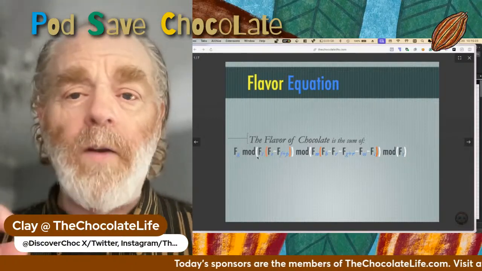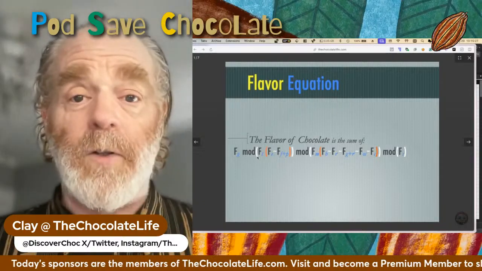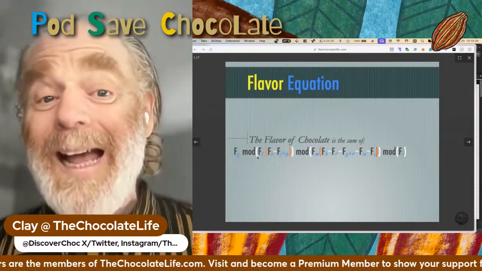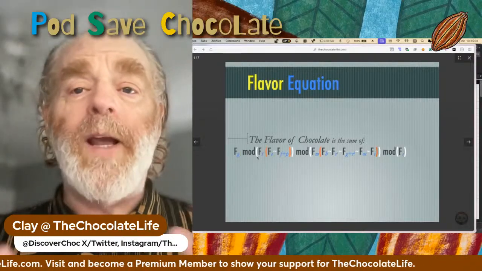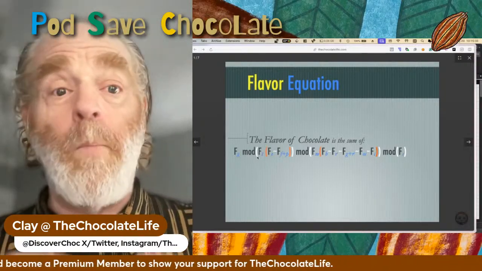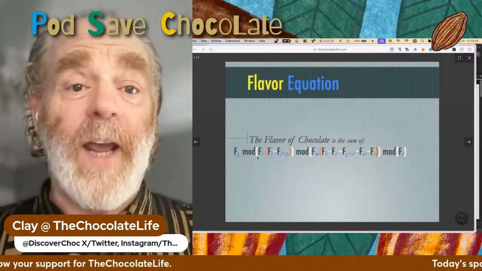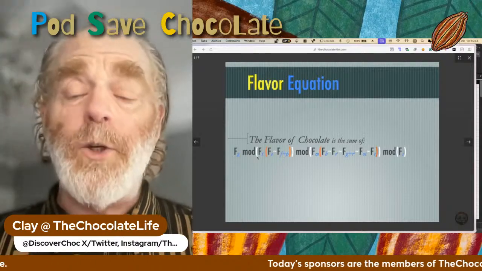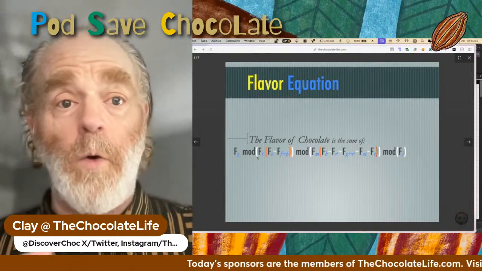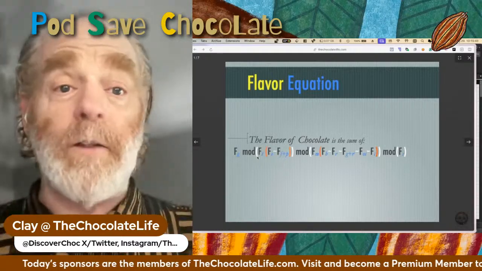Right? But the goal of fermentation is this conversion of complex chemicals, which may not be as available to roasting, to break them down into simpler chemicals which are more available to modification during the roasting process. So it is not true that an unfermented cocoa bean that is roasted will not generate a chocolate flavor.